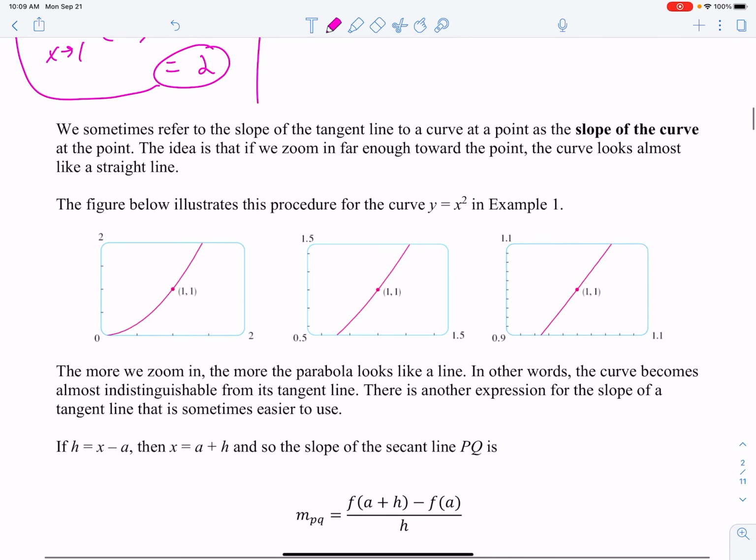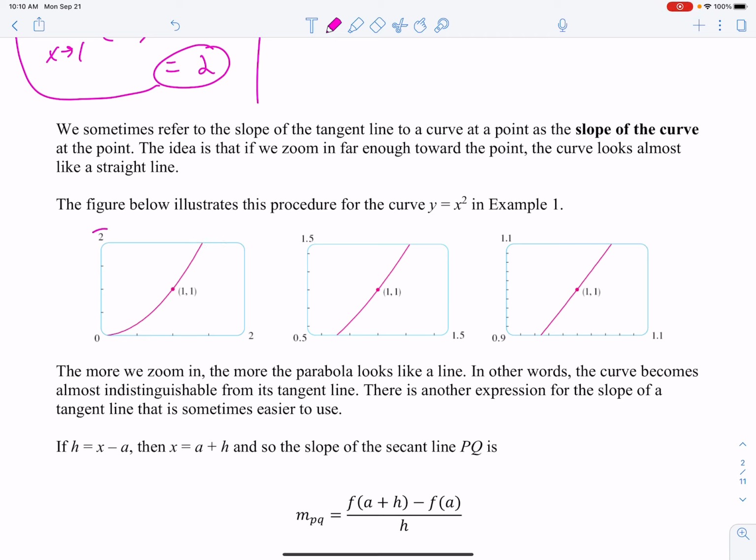All right, let's see. We sometimes refer to the slope of the tangent line to a curve at a point as the slope of the curve at that point. The idea is if we zoom in far enough towards the point, the curve looks almost like a straight line. All right, so the figure below illustrates this procedure for the curve y equals x squared in example 1. So what they're doing is, there's your parabola zoomed in a certain window.